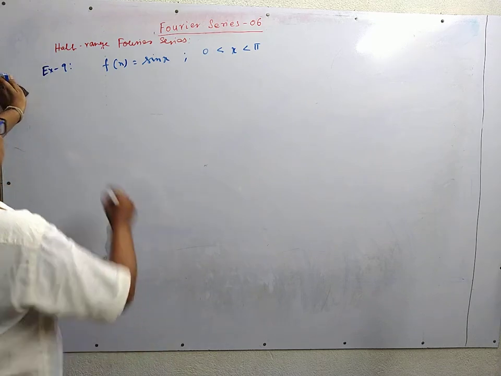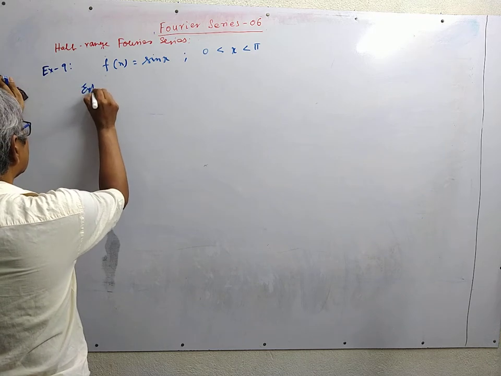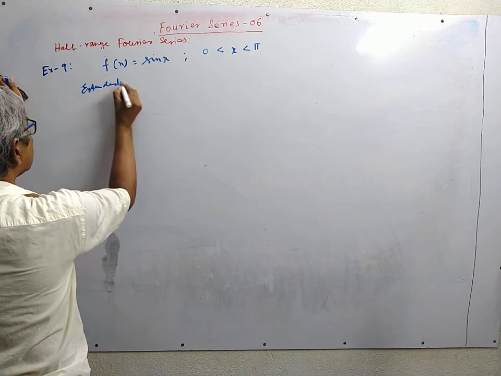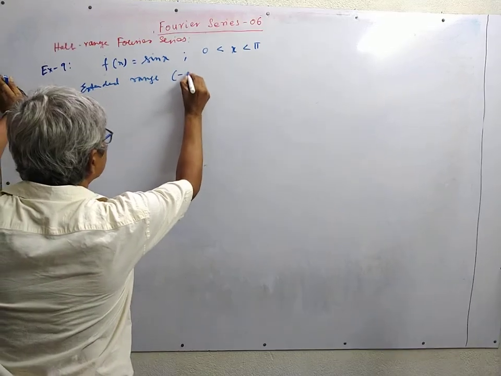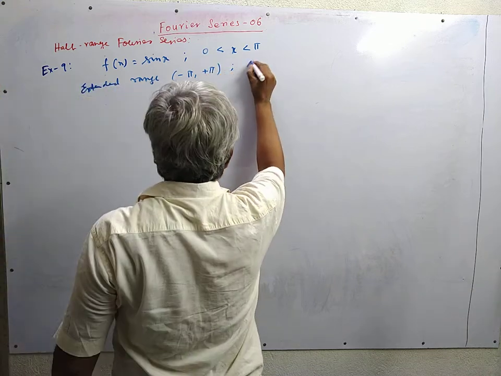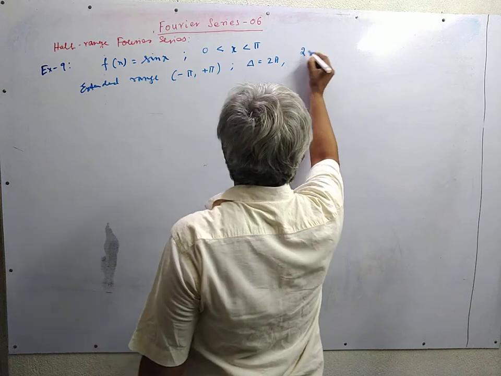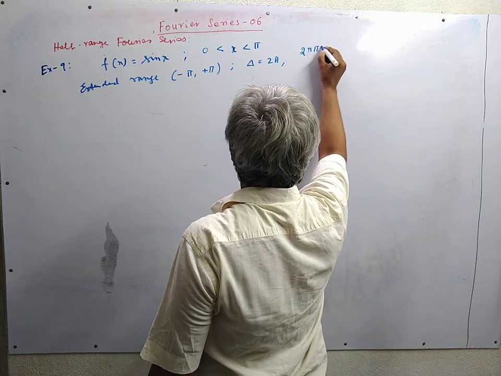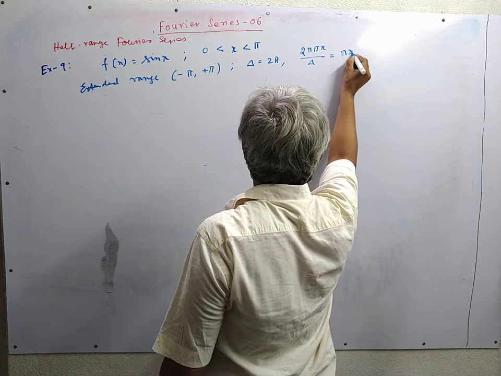So the extended range is minus pi to plus pi, so that delta is equal to 2 pi, and the argument 2n pi x by delta is simply nx.